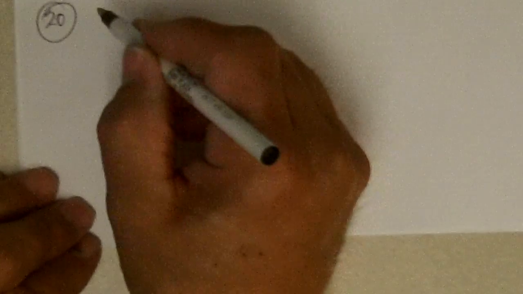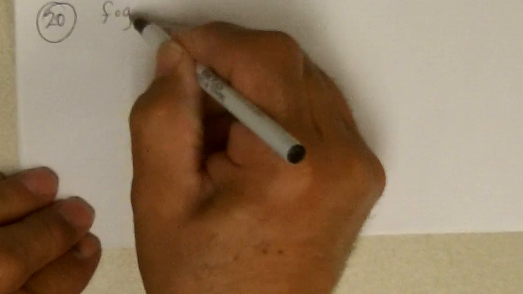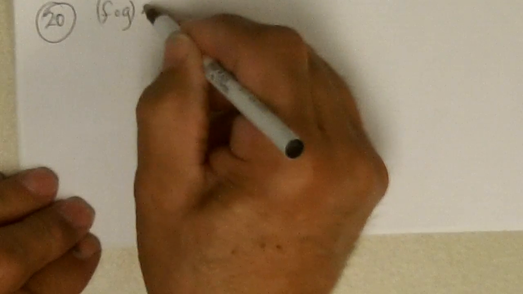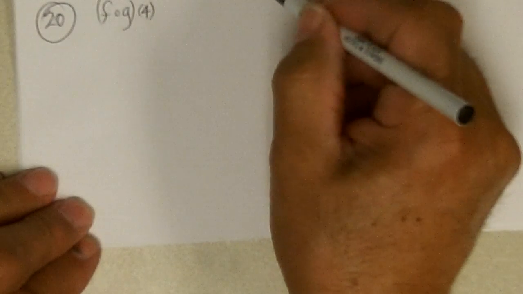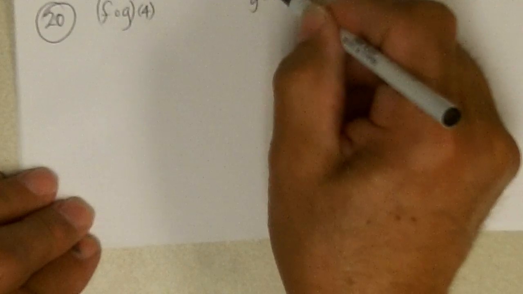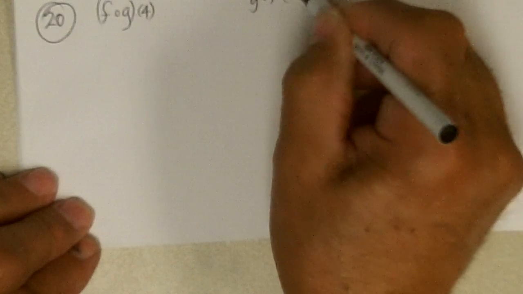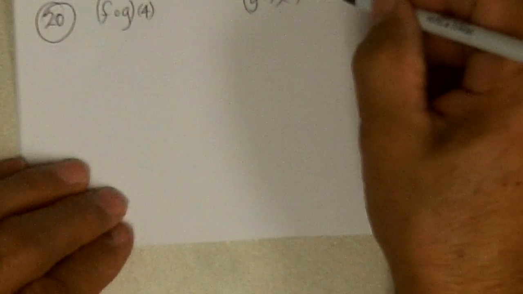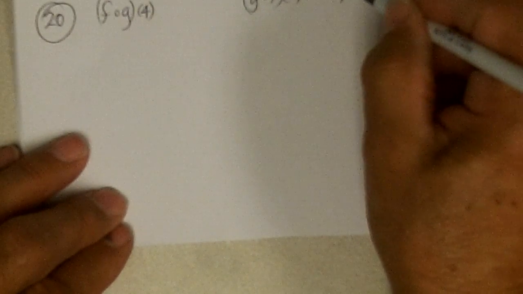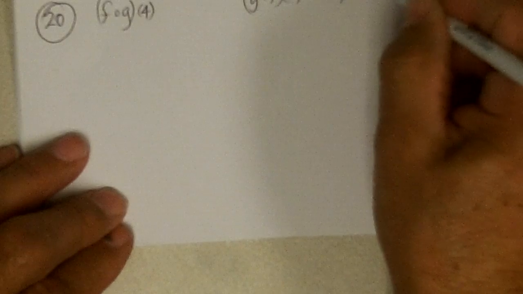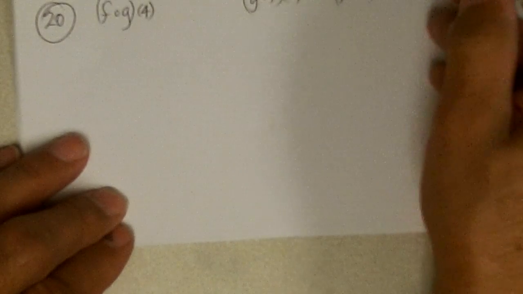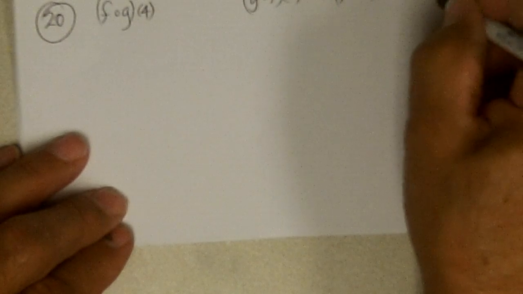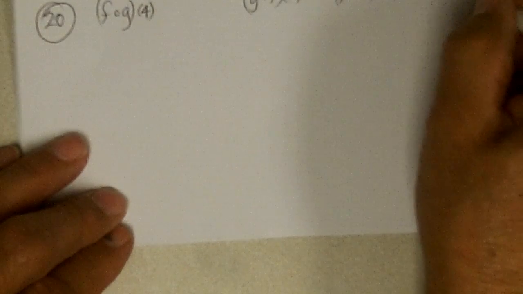For 20, the directions are to find f of g of 4, then find g of f of 2, f of 1, and g of 0.